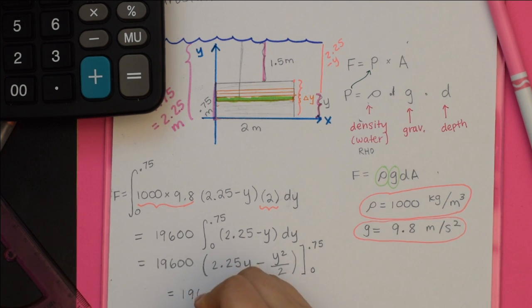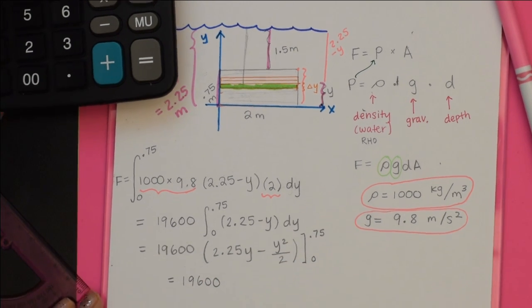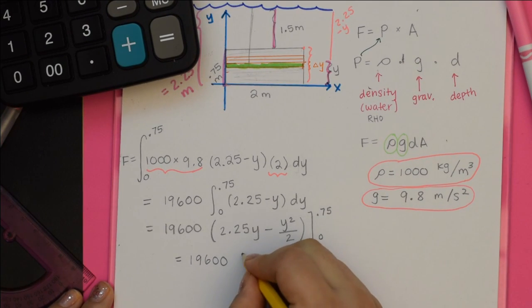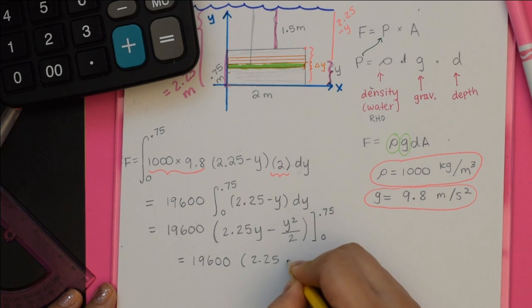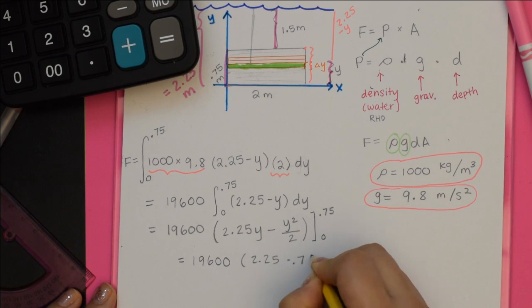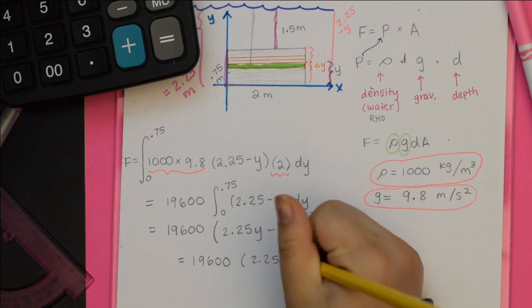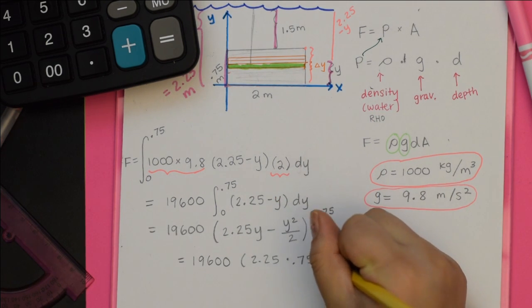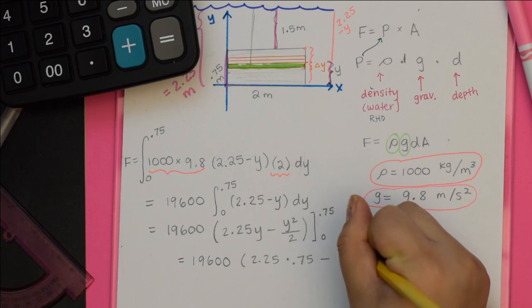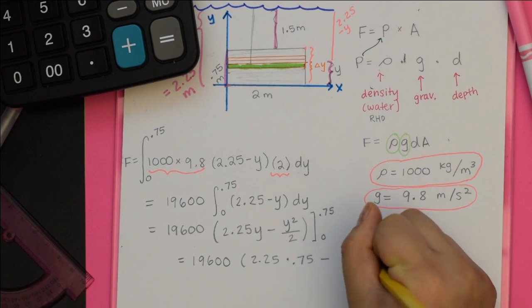So 19600 times 2.25 times 0.75 minus 0.75 squared over 2.